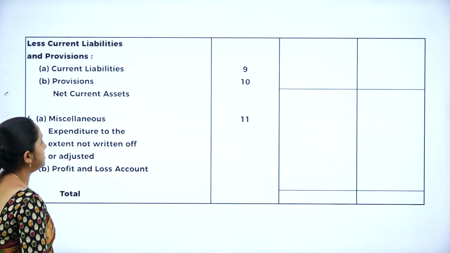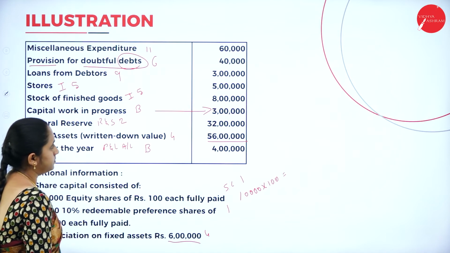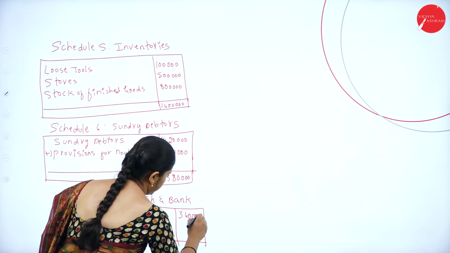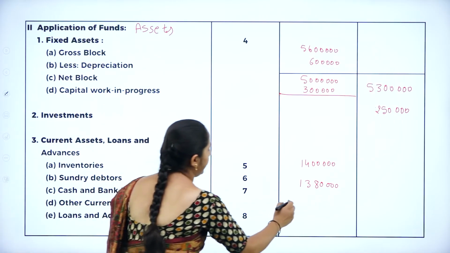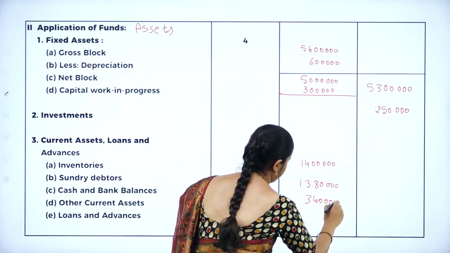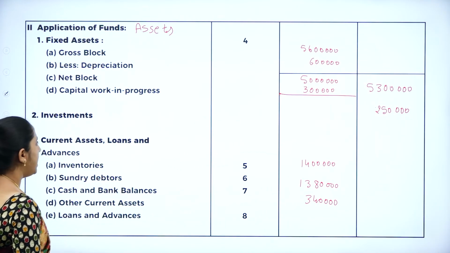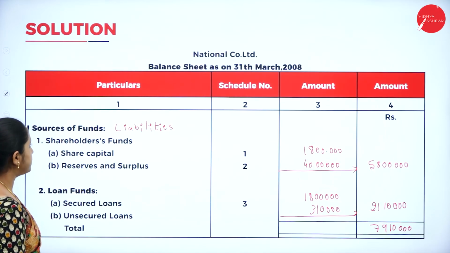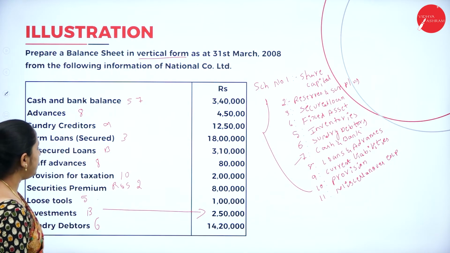Cash and bank balance 3 lakh 40,000. So write 3 lakh 40,000 here. Next, other current assets. Just check whether we have any other current assets. No, we don't have any other current assets.